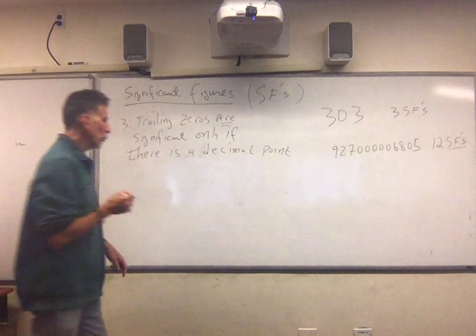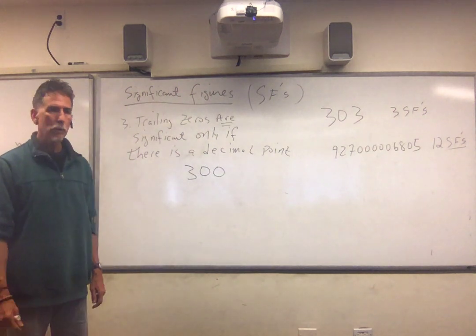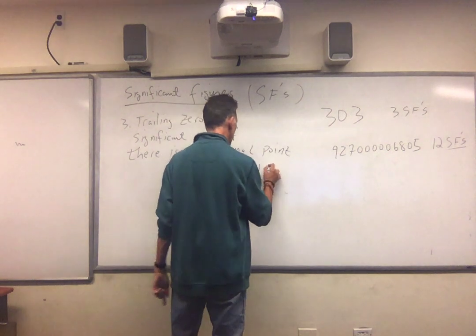What do I mean? Okay, watch. 300. How many significant figures? Well, there's no decimal place here, so this would have 1 significant figure.